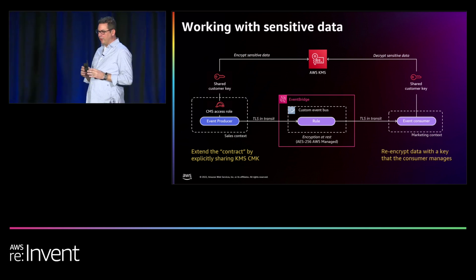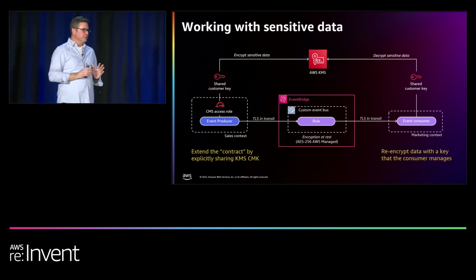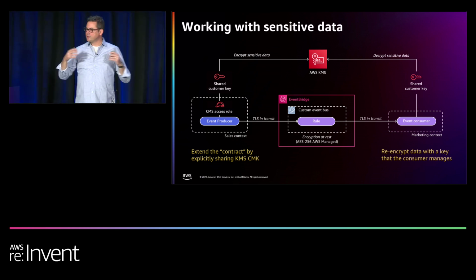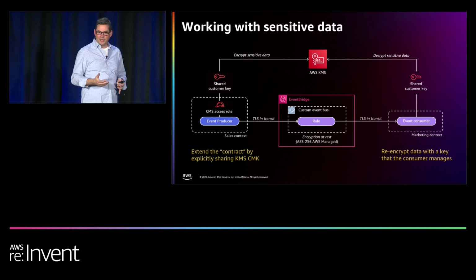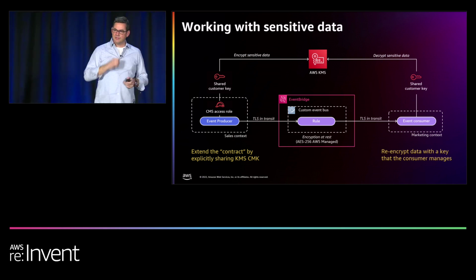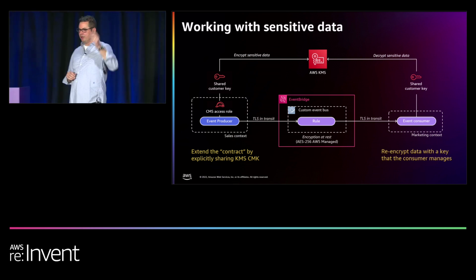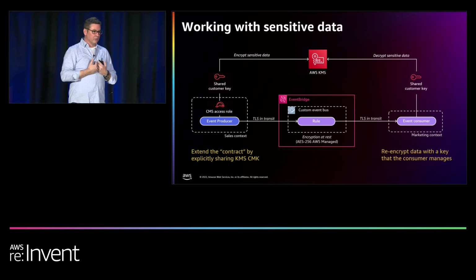Now, one thing to be aware of: once that event is being consumed, the event consumer might want to persist that information or retransmit it through another event, and then they need to use their own key. They cannot use the key from the publisher that they consumed the event from.